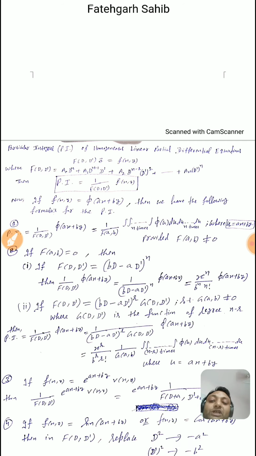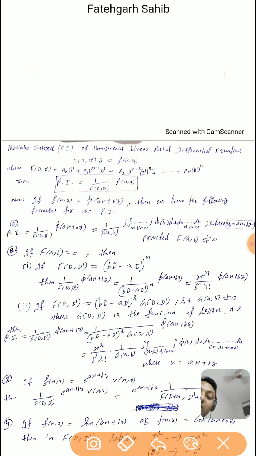Now there are some cases or some theorems to find the particular integral. If the function f(x, y) is of the form of some function of ax plus by, then we have some formulas to find the particular integral.